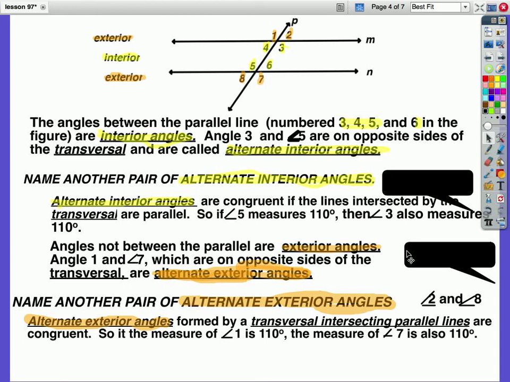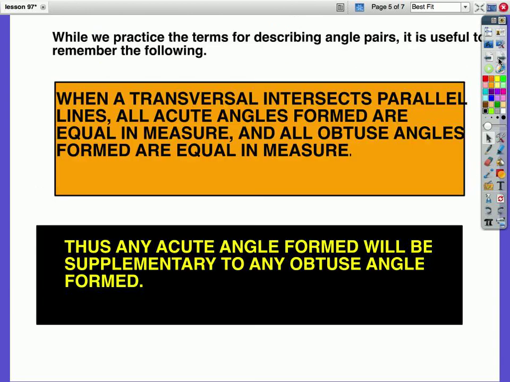So if angle 1 is 110 degrees, angle 7 is 110 degrees. Exterior is outside, interior is inside. Alternate interior angles are inside and equal on opposite sides of the transversal. Alternate exterior angles are outside our parallel lines and equal on opposite sides of the transversal.